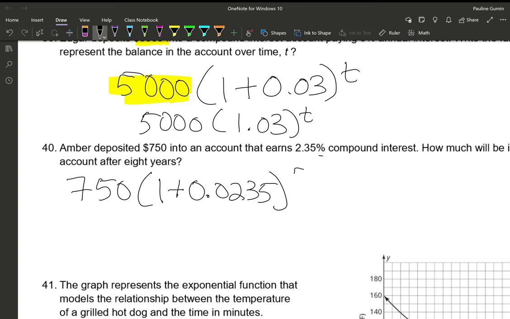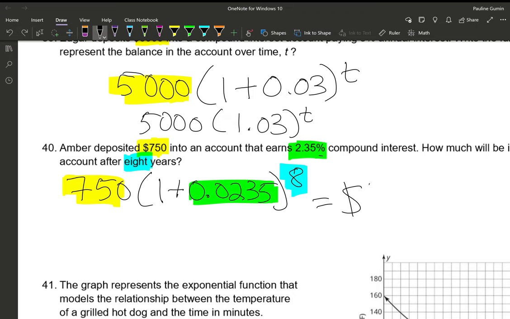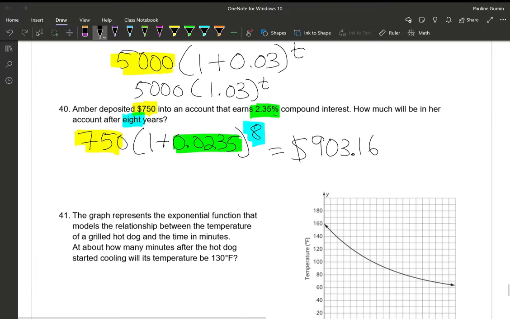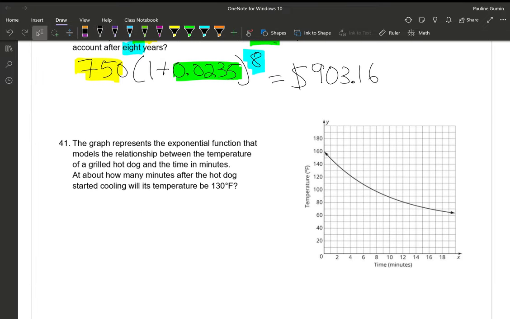And we have 8 years this time, so we have a number to plug into t. Let's color code. All of that goes into my calculator. And after 8 years with this percentage, she will have $903.16. I think she should probably invest in something rather than just keeping it in the bank.